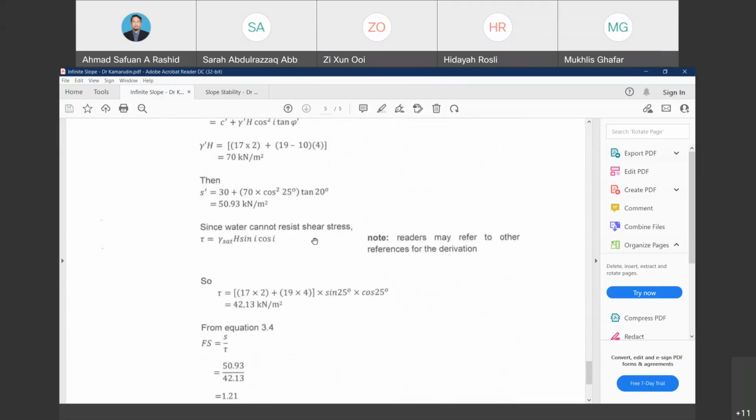So the reader may refer to other references for the derivation. Then we will look at Dr. Noorli Ghafar's example later on.